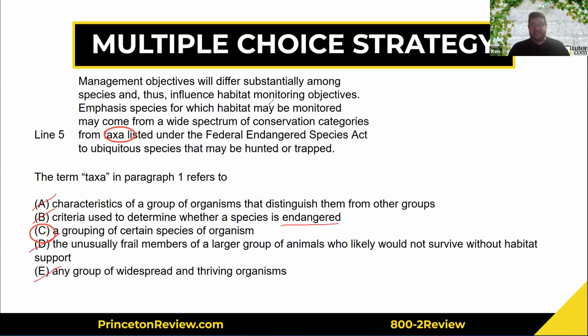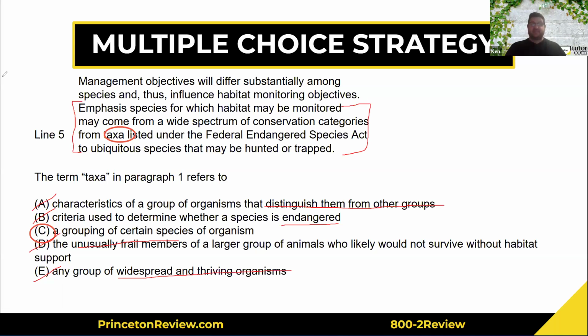What you're seeing here is not a deep understanding of these sentences, but rather just a use of the process of elimination. And I'm going to just underline the issues with each of these. Yes, they use them to categorize, but I don't know that it's specifically to say this is how they're different from other groups.